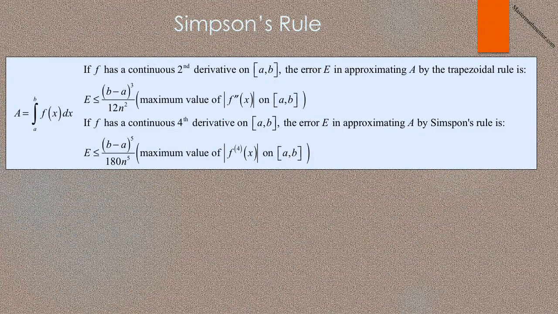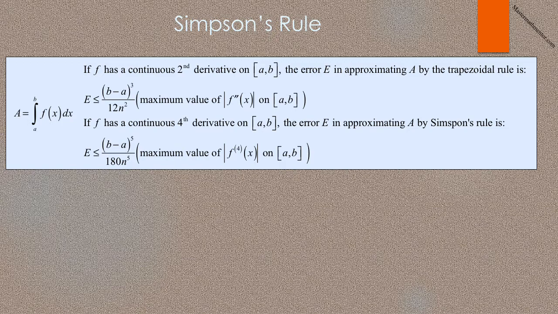Since not all expressions can be integrated, we frequently must use the trapezoid or Simpson's rule to approximate the value of a definite integral. Since these are approximations, there is an error associated with the trapezoid rule and Simpson's rule.